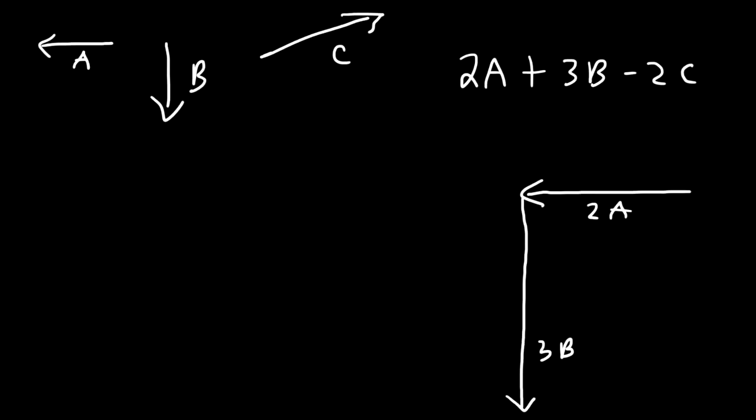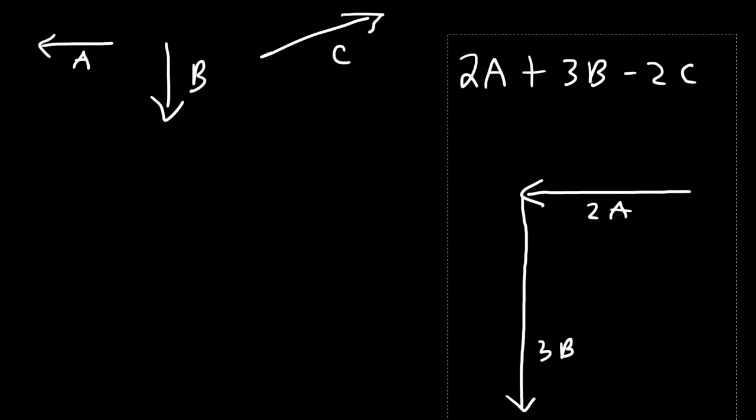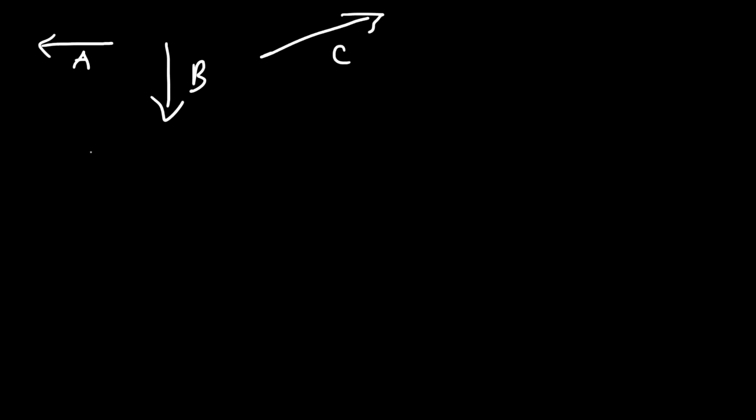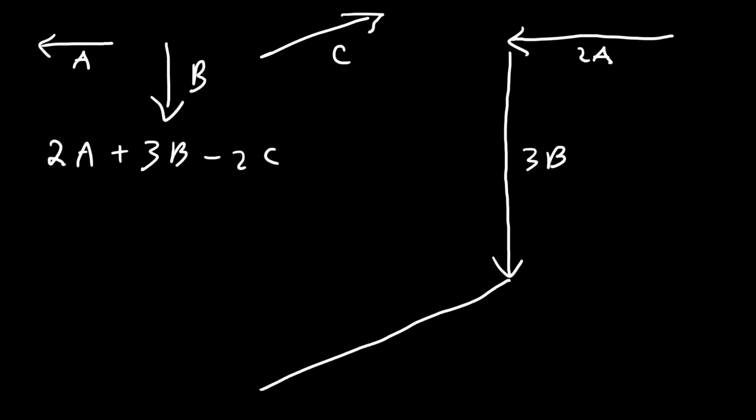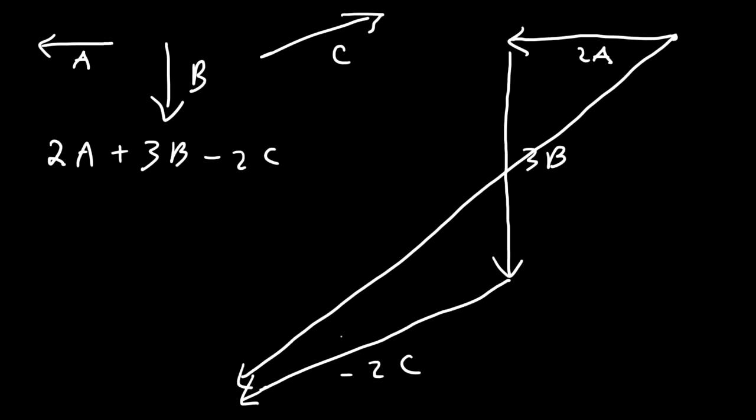And then negative 2c, which I really don't have the space for. So let's redraw 2a up here, and then 3b, and then negative 2c. So we have to change the direction and make it twice as long. So now the resultant vector is right there.